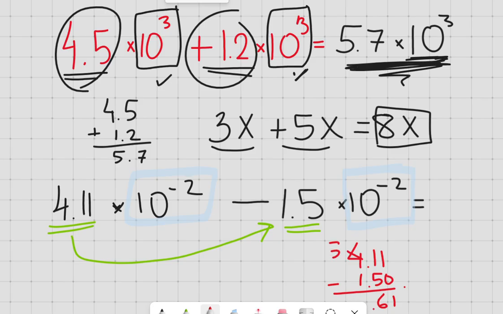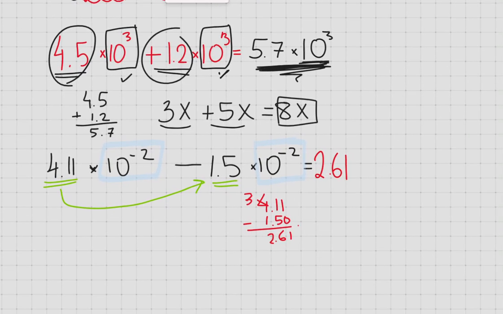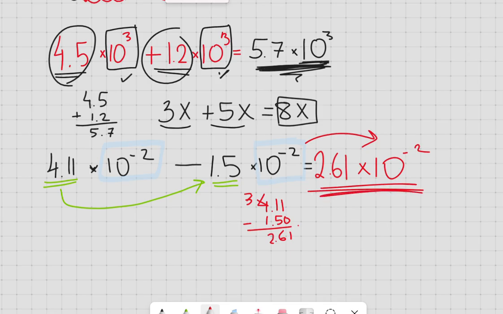And 3 minus 1 is 2. So we basically have 2.61 multiplied by, let me just make it smaller, 10 to the power of, we said we copy the exponent, 10 to the power of negative 2. That's it. That's how you do it.